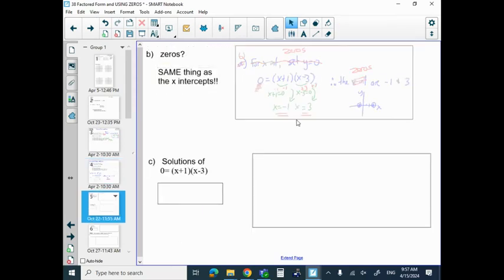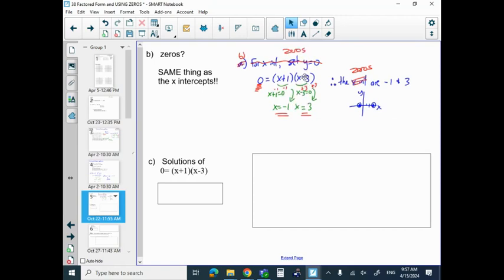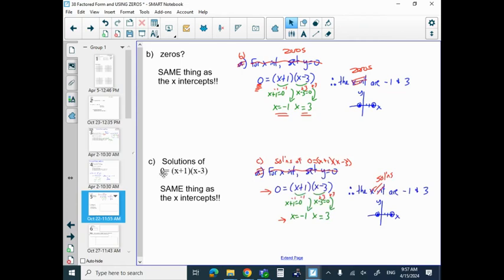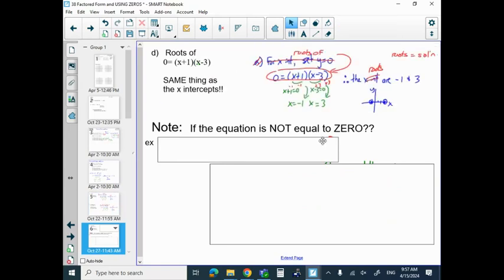If someone was saying, what are the zeros? It's literally the exact same thing, except they just would have said, what are the zeros for this quadratic? And you'd still set y equals 0, because it would have been y equals. If they wanted to know the solutions of a 0 equals version of this, then, of course, you just solve the same way. Or if they said, what are the roots of this thing? Same stuff.